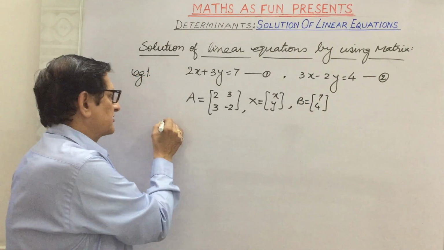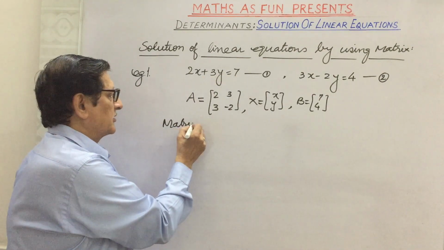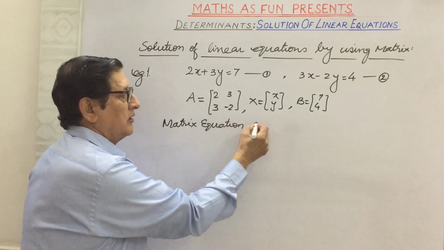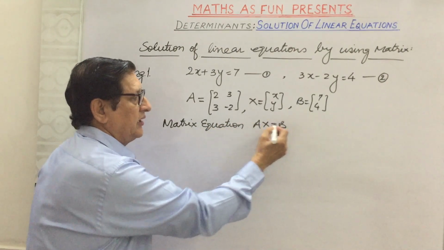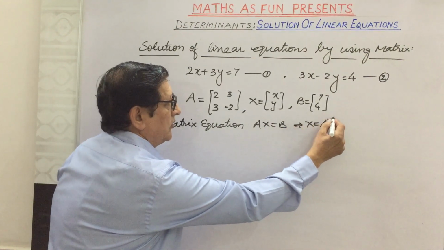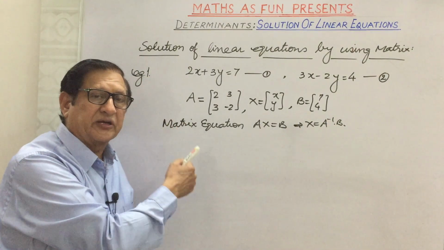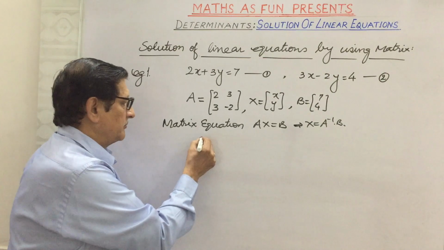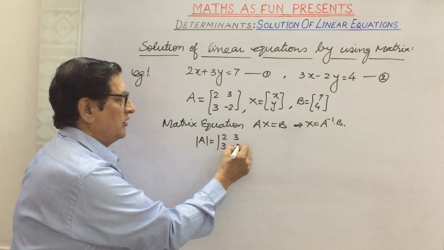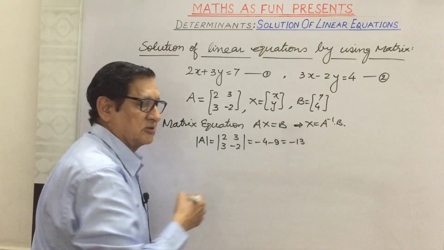And now we make the matrix equation for the given system of equations, that is AX equal to B, which implies that X will be equal to A inverse into B. To find the solution, first of all we have to find out the determinant of A. Determinant A here is 2, 3, 3, minus 2, which is minus 4 minus 9, minus 13.